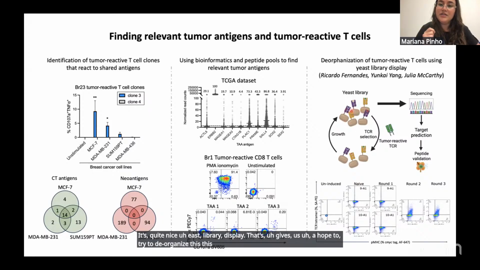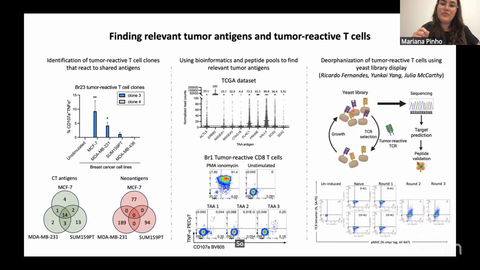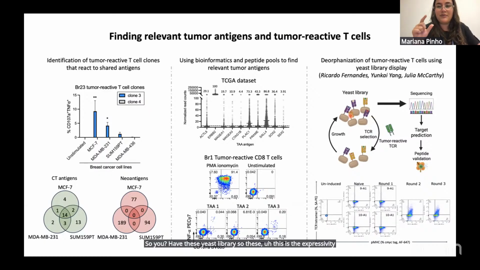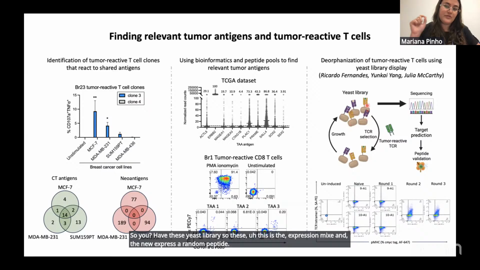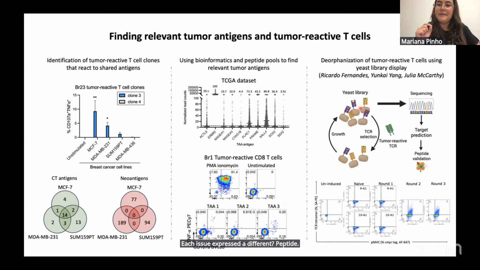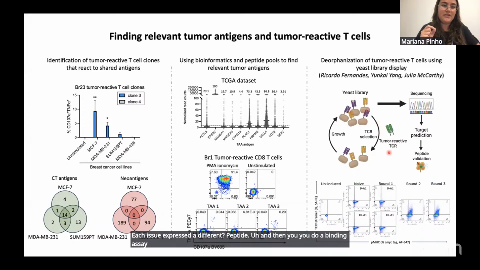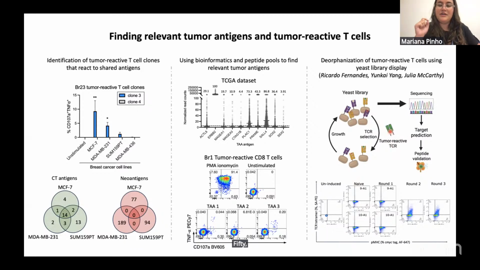And how is it done? You have this yeast library. These yeast express MHC, and they express a random peptide. Each yeast will express a different peptide, and then you do a binding assay with your tumor-reactive TCR. You express your tumor-reactive TCR, bind it to your column, and select only the yeast that bind to the column.